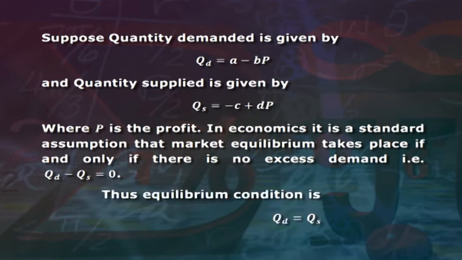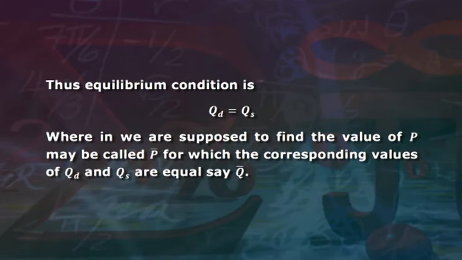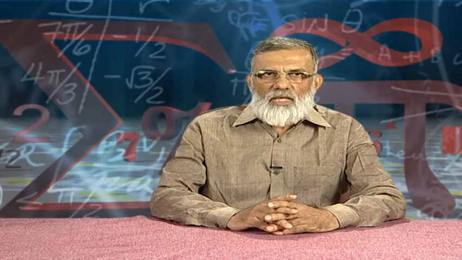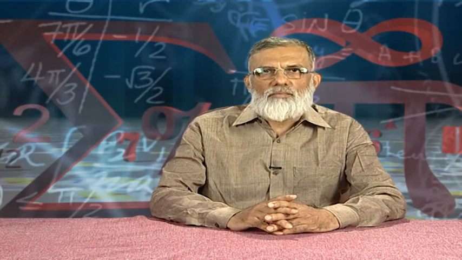Thus, the equilibrium condition is Q d equal to Q s, wherein we are supposed to find the value of P, may be called P bar, for which the corresponding values of Q d and Q s are equal to, say, Q bar.